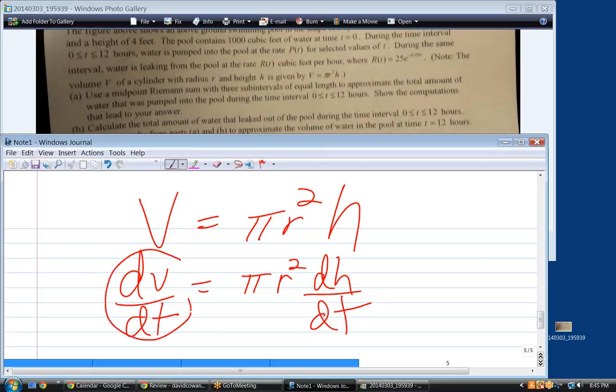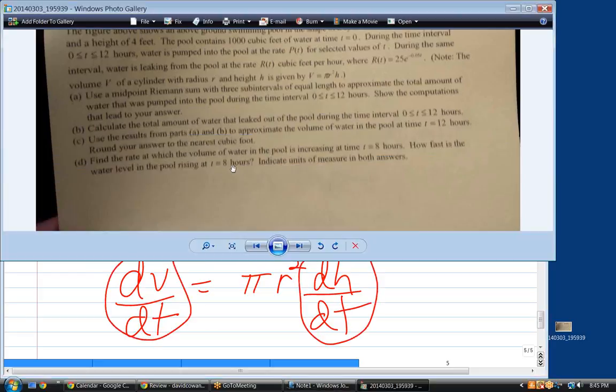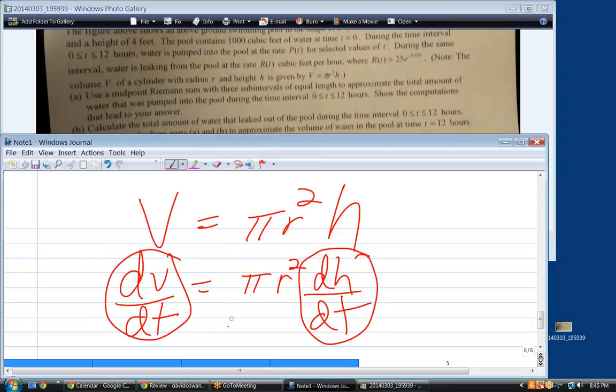But at t equal 8 hours, we know what dV/dt is, don't we?